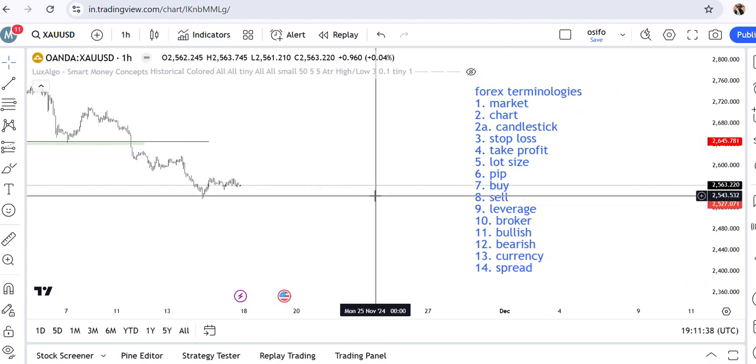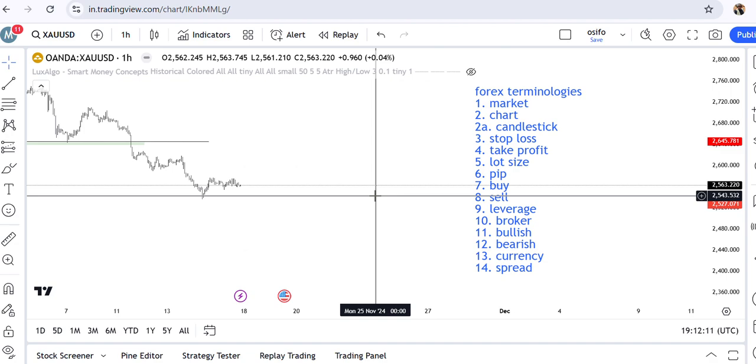But just to give you a pictorial understanding: a candlestick is a single bar that represents price movement, and the chart is the collection of those many candlesticks. Hope that is clear. I don't want to be too fast. This is a recorded video, but we'll give you an avenue to ask questions to get clarity as well. So we've settled the market, the chart, and the candlestick.